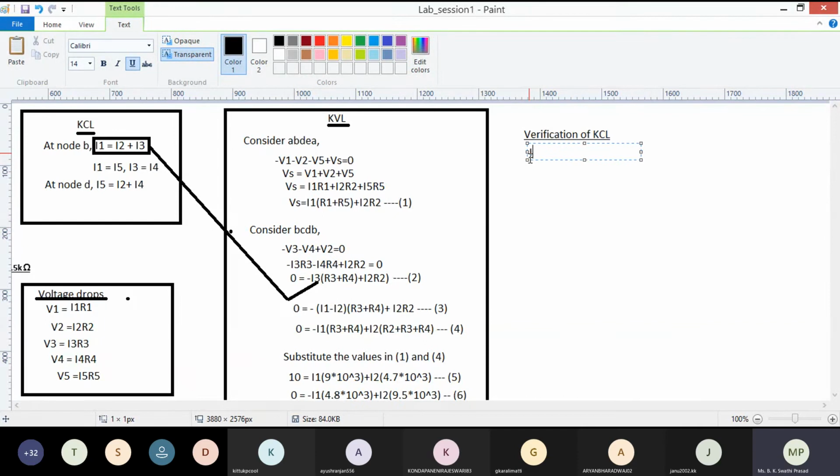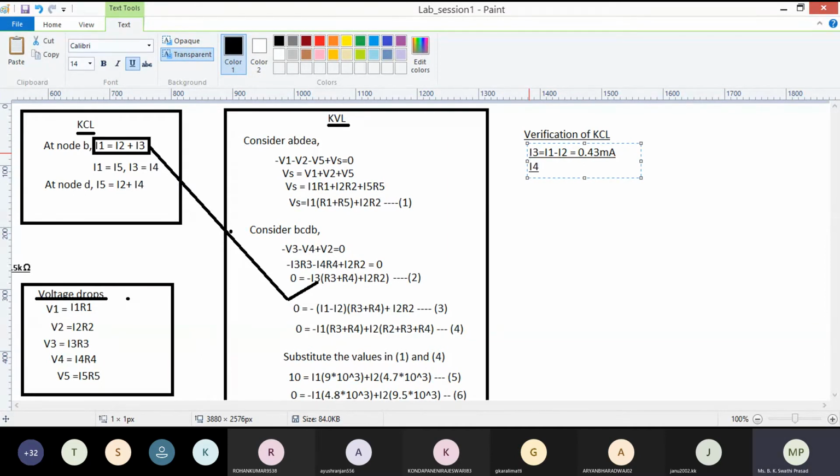Tell me, what did you get I3 as? I3 is I1 minus I2, 0.439. 0.43 milliampere or normal? Milliampere. You have to specify the unit properly, okay? Okay, ma'am.